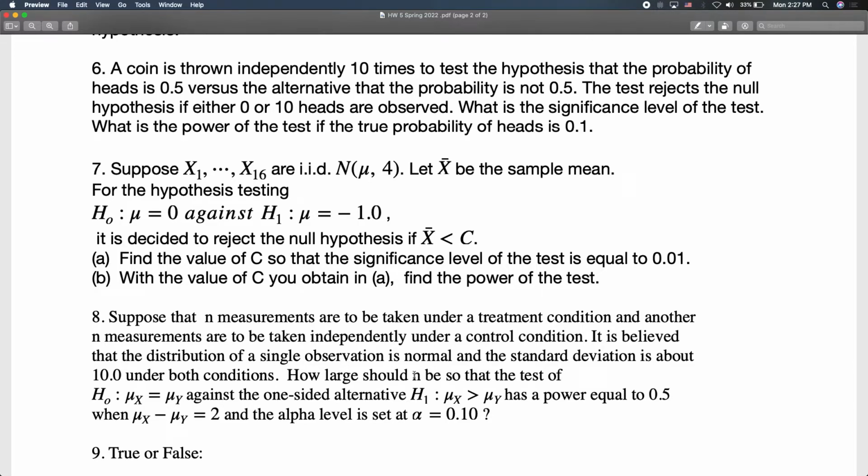How large should n be for the test of this null and alternative to have a power equal to 0.5? And also when the alternative is 2, with the alpha level set to 0.1. So the question is trying to find the number n based on this setting.